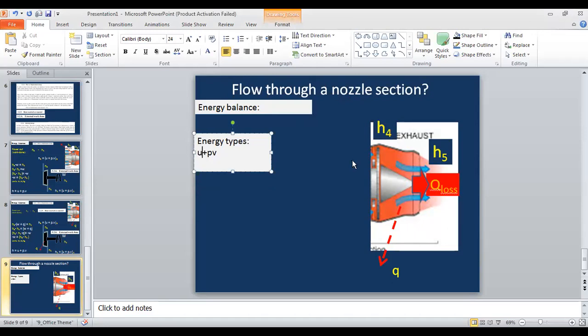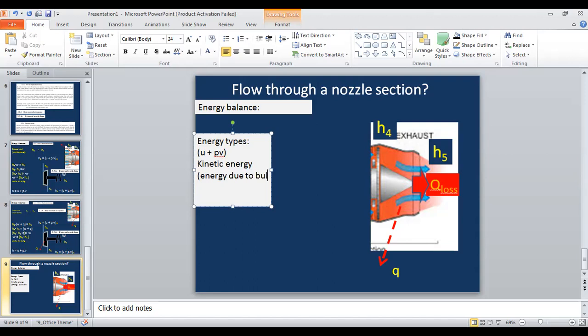U plus PV. This all takes together because PV is there within this working fluid. And another component, have you heard of kinetic energy? This is the energy due to velocity, the bulk motion of the fluid.